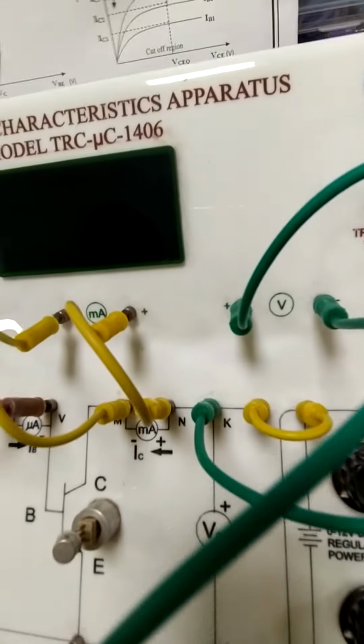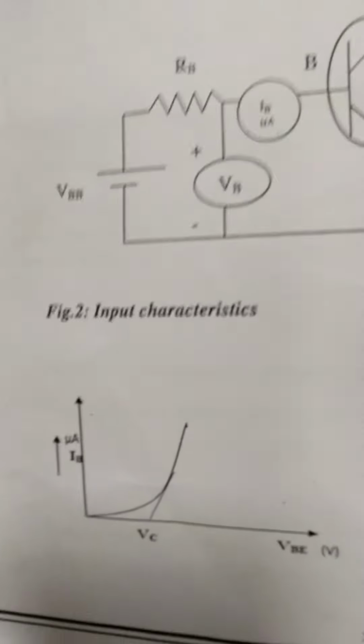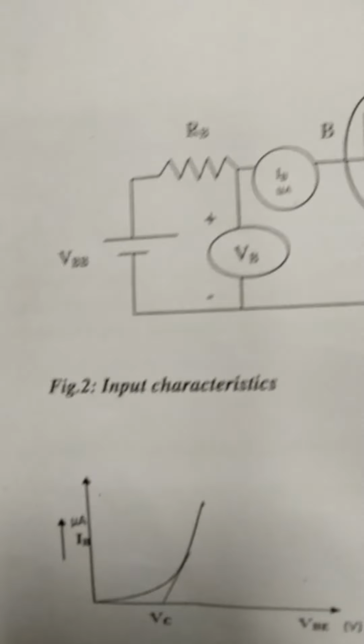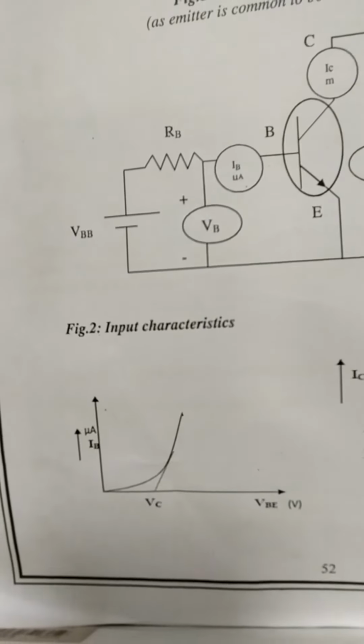output characteristics. Input characteristics, you can take this graph. You observe that, on this graph, VB versus IB.